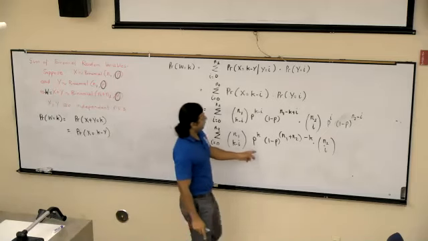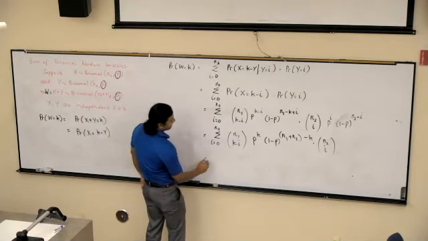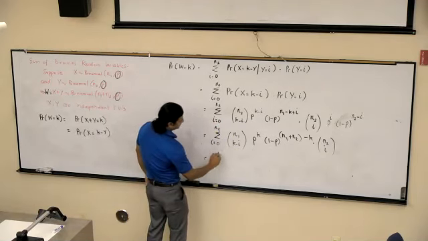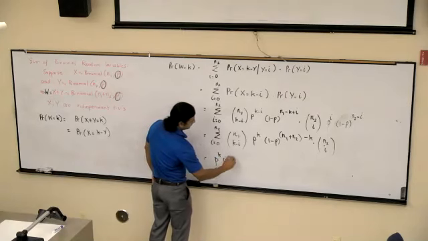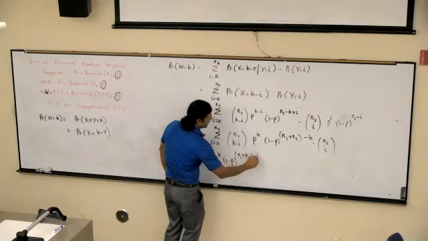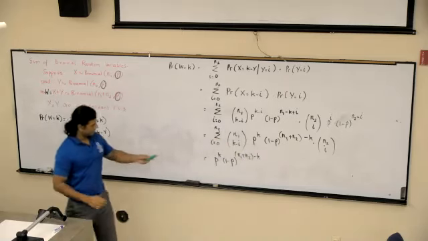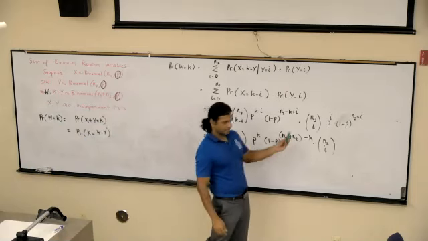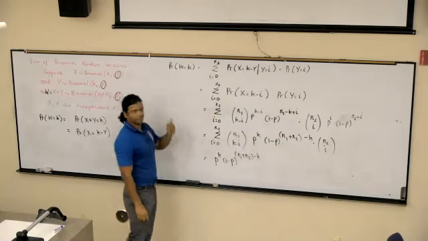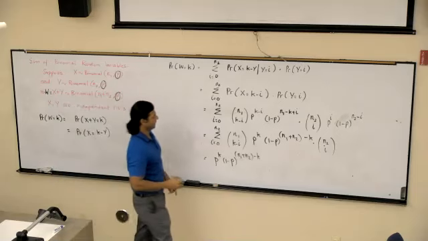So I can pull those two terms out. Do we understand why I'm able to pull those two terms out? The p raised k and 1 minus p raised n1 plus n2 minus k. They don't have i's in them.